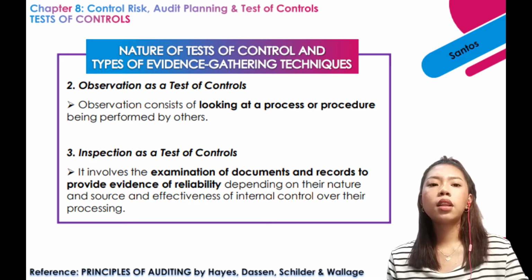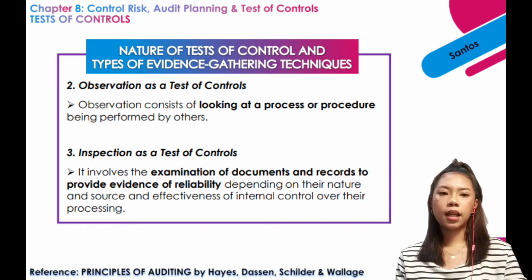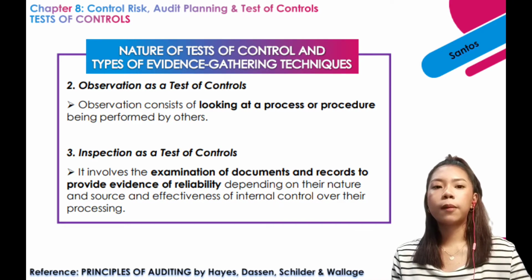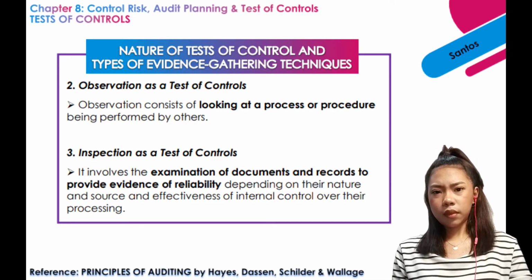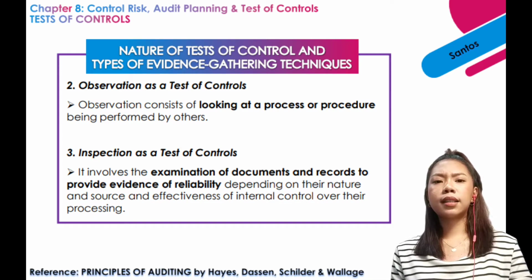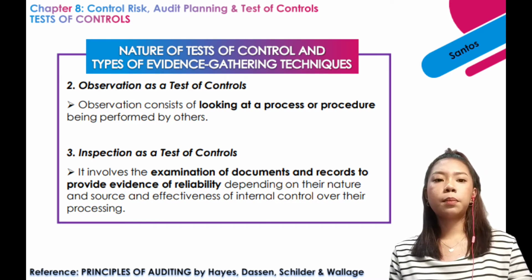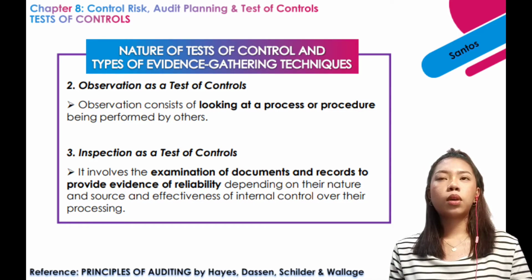So another one is that, for example, sa organization, they have the policy that the sales invoice should have a purchase order number to ensure that it is a legitimate sale. And also let's say na si company also put an authorized person to inspect the sales invoices if it has the purchase order number to be able to authenticate it.